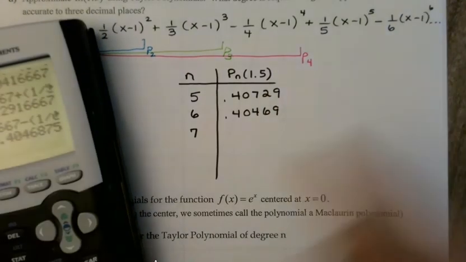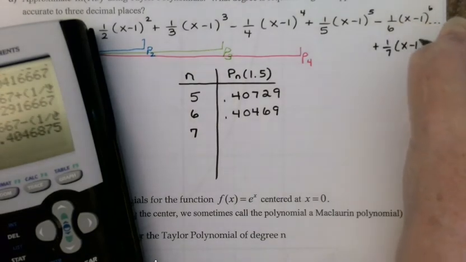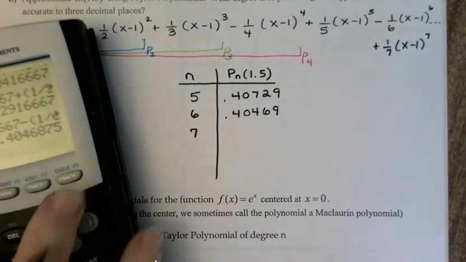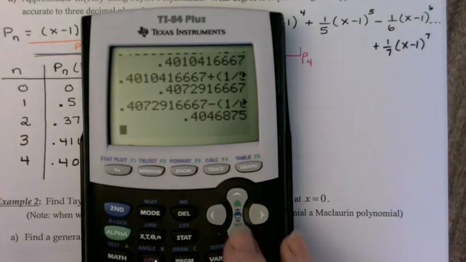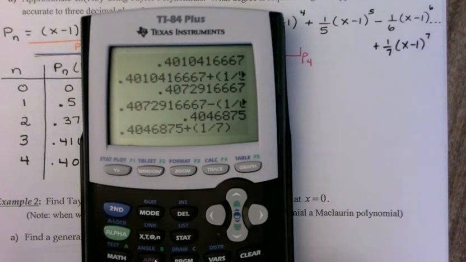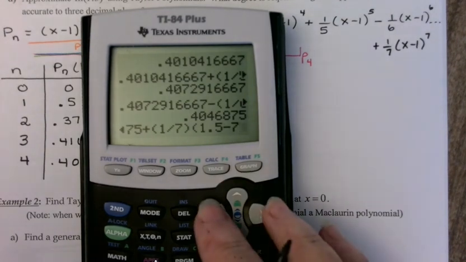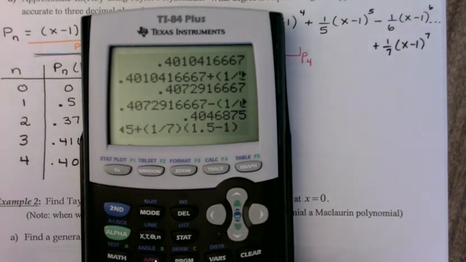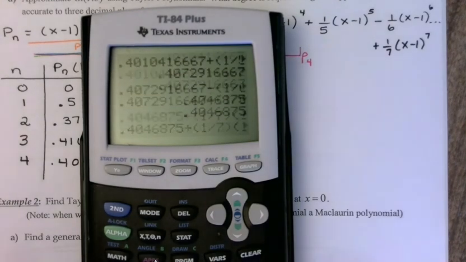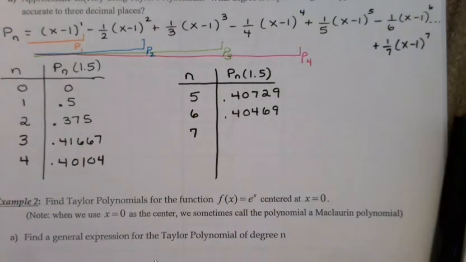I didn't write it up here, but the next one would have been a plus 1/7 x minus 1 to the 7th. So we take what we've got, we add 1/7 times 1.5 minus 1 to the 7th power. There it is, 0.40580.